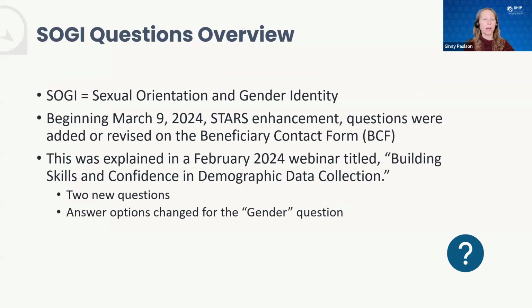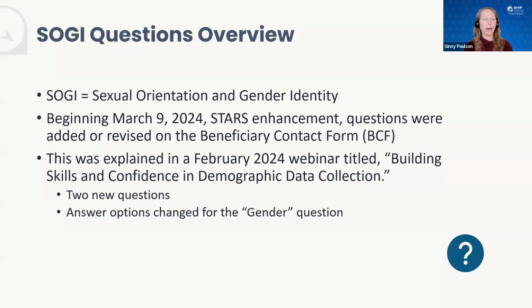So we're going to move on to demographic questions about sexual orientation and gender identity. The acronym for all of that together is SOGI, pronounced "SOGI." And in the March 2024 STARS enhancement, questions were added or revised on the beneficiary contact form about sexual orientation and gender identity.